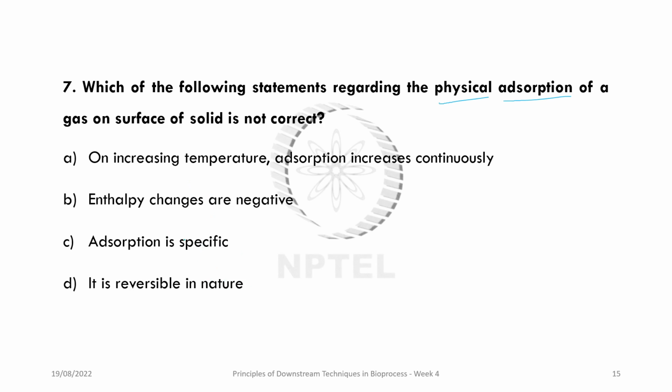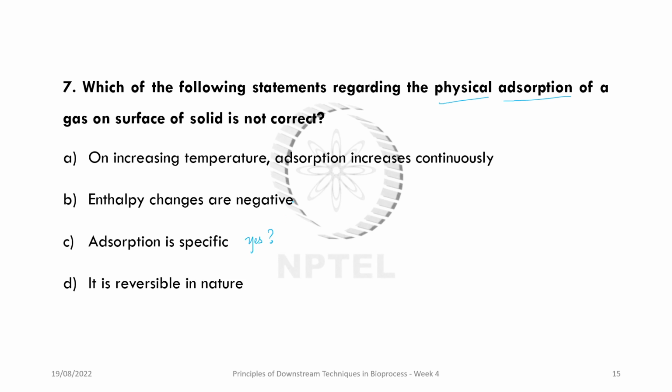Is adsorption specific? Yes or no? Yes, right. Otherwise, you will not be using specific adsorbents for specific adsorbates. It is specific to a certain extent, especially if you're talking about chemical adsorption. It is very specific.